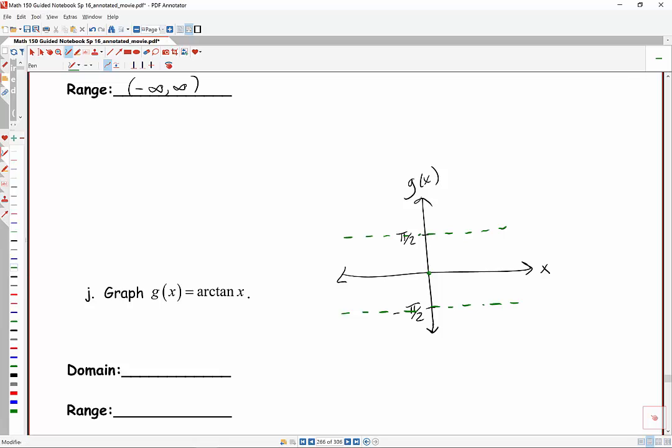Our horizontal axis will be like this. Okay, and let's see, so we'll have ordered pairs at, sorry, in this graph it's (1, pi over 4). And then at (-1, negative pi over 4). And our graph will look something like this.